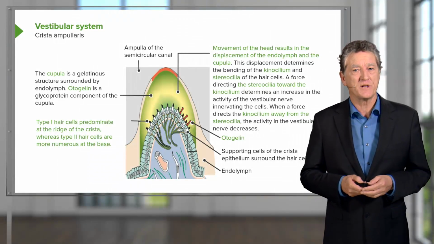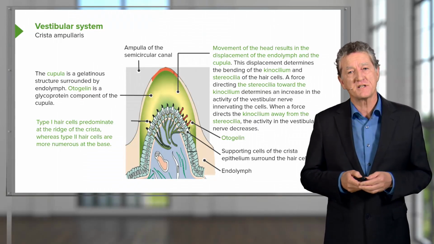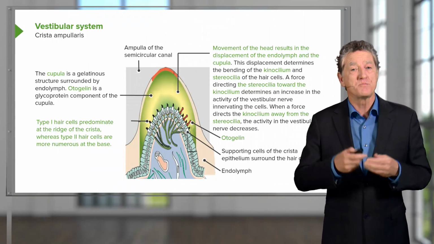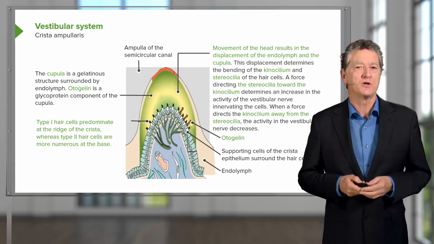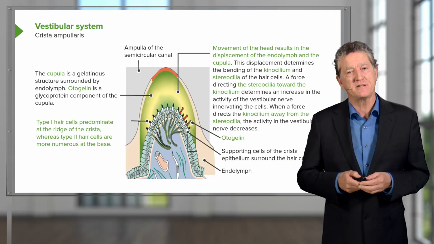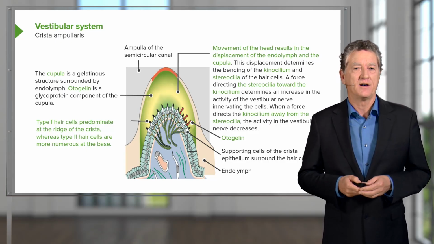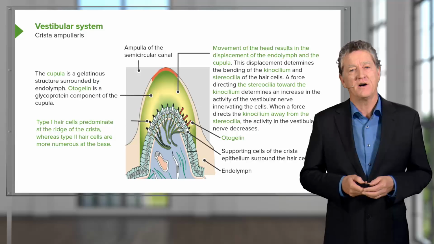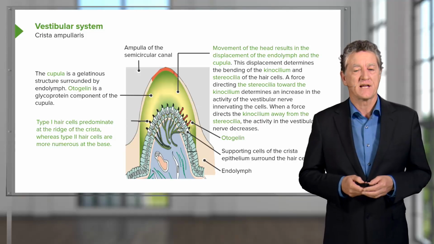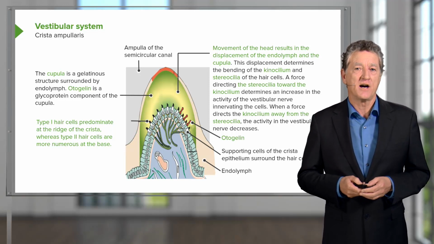And what happens when there's movement of the head, then there is displacement of the endolymph which bathes these cupula. Remember, they project into the endolymph. And that displacement causes the bending of the hair cells in relation to the kinocilium. They might bend away from the kinocilium, or they might bend towards the kinocilium.